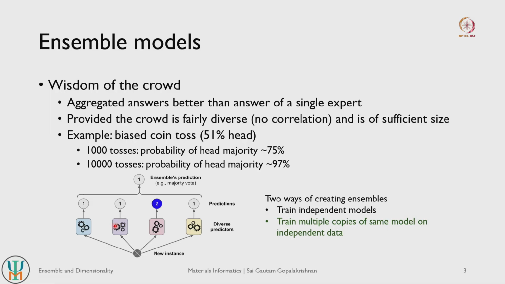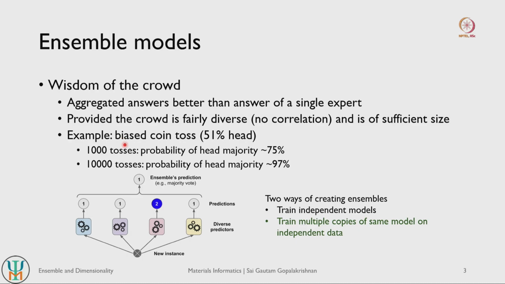But let us say 3 out of the 4 models are classifying this new instance to be 1, and only one model is differing by saying 2, and you are taking a majority vote. So you are saying 3 out of the 4 models are voting for 1 or classifying it as 1, and hence I am going to classify the overall output as 1. If you take an ensemble prediction like this, you actually have a much better chance of getting the right classifications compared to relying on single models.